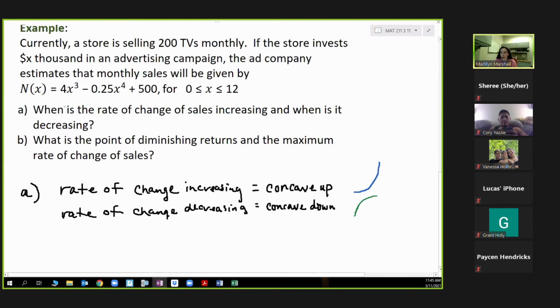So really what this part A is asking is, when is this graph concave up and concave down? It's just asking it in a way that's specific to this application of a problem, because asking when sales are concave up and concave down is maybe not as clear. So we're looking at when the rate of change of sales is increasing and when it's decreasing.